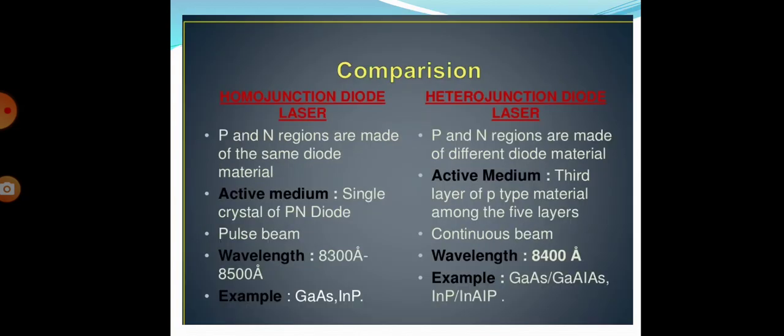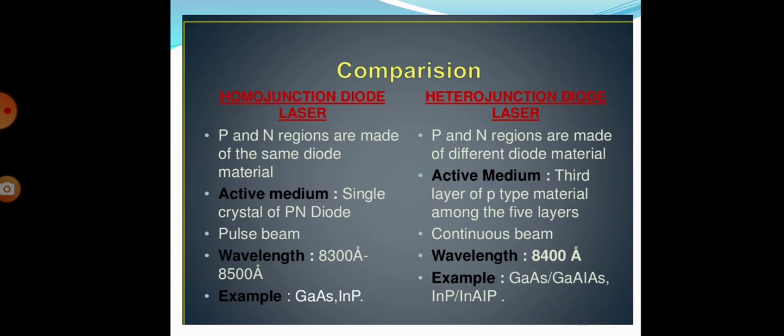Comparison between the homojunction semiconductor laser and the heterojunction semiconductor laser. In the homojunction semiconductor laser, the P and N regions are made up of the same diode material. In the heterojunction, the P and N regions are made up of different diode material. In homojunction, the active medium is a single crystal of PN diode.